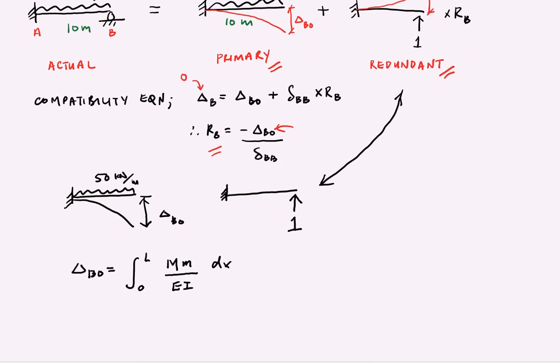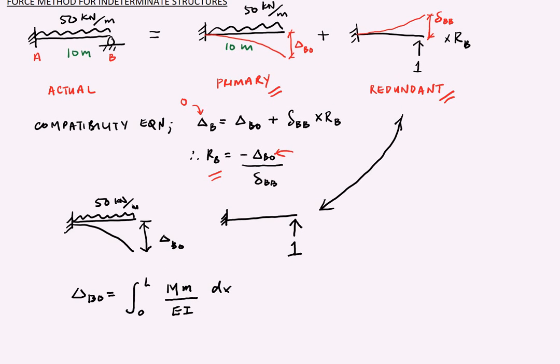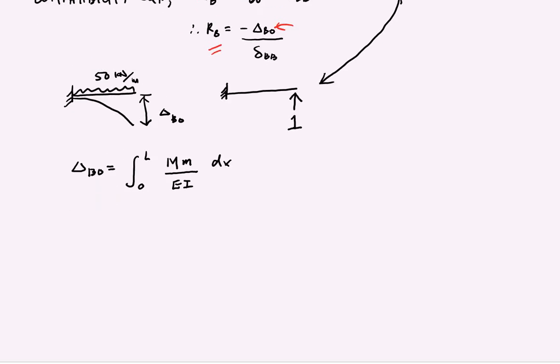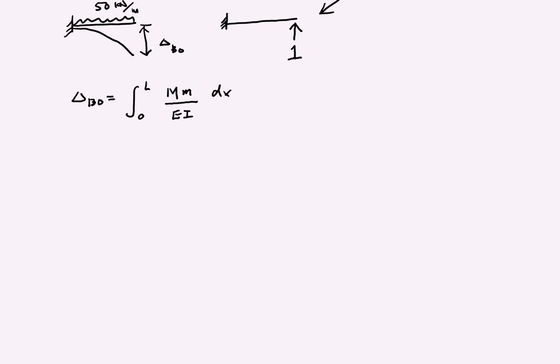Okay, how about the displacement due to the redundant system? So let's again draw here. For our redundant system, we have a unit load here, and then we need to find small delta BB.